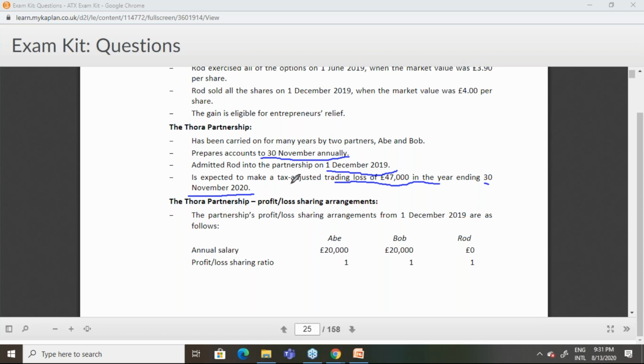Now here you have been given the tax adjusted trading loss not for each partner but for the whole partnership. What we need to find out is what is the loss attributable to Rod, who has joined on the 1st of December 2019, and that depends on the partnership agreement.